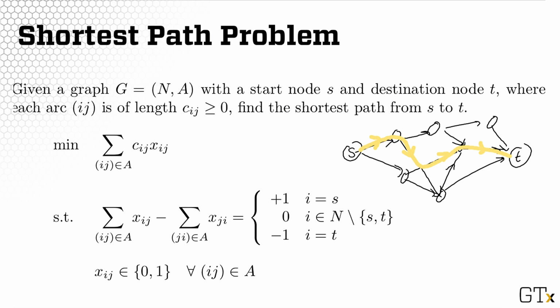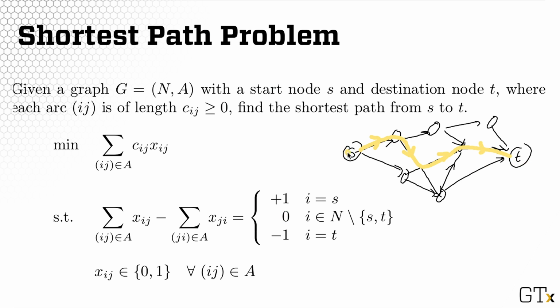One way to formulate this problem is to introduce a variable xij, which is a 0,1 variable, which says whether we decide to traverse this arc or not. Then the solution must satisfy the following requirements. The arcs leaving node I minus the arcs entering node I should be equal to 0 unless we are the start node or the end node.